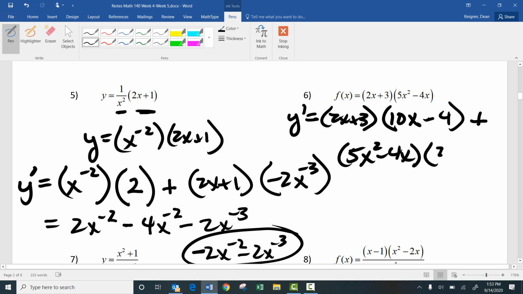Derivative of 2x is 2. Derivative of 3 is 0. So without multiplying this out, which is what you would do to get a final answer, that's the answer for the time being. Okay, that is the product rule. So whenever you see two things multiplied by one another, I would use the product rule.